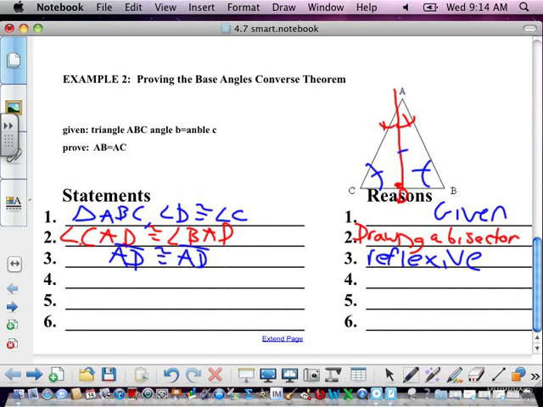Now what do I have to prove that these triangles are congruent to each other? Angle, angle, side, perfect. Triangle ADC is congruent to triangle ADB by angle, angle, side. Now, how am I going to get to AB is congruent to AC? CPCTC.